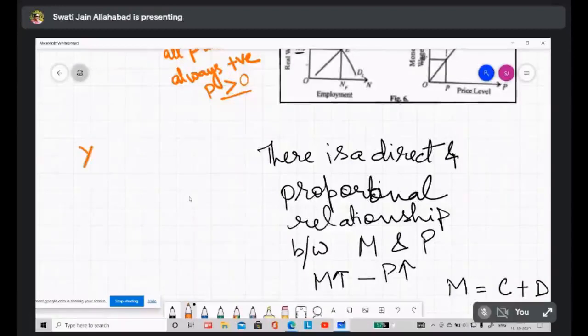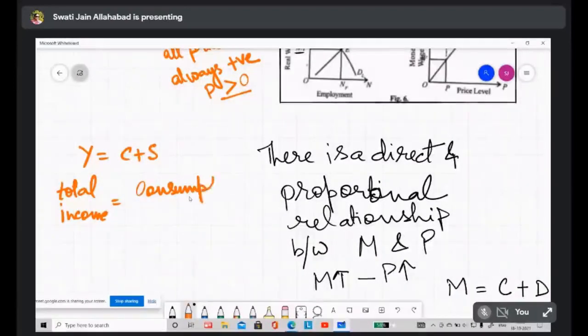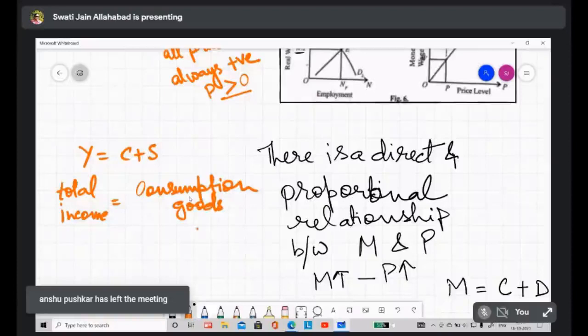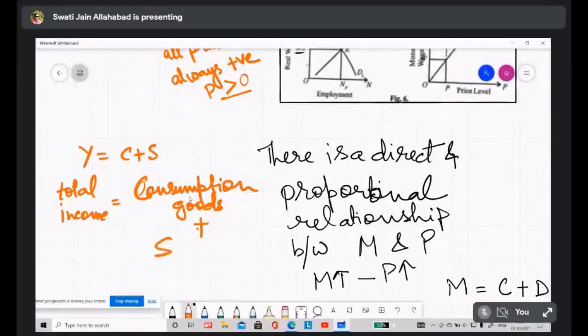You say Y is equal to C plus S. So total income is distributed as consumption goods plus savings goods.